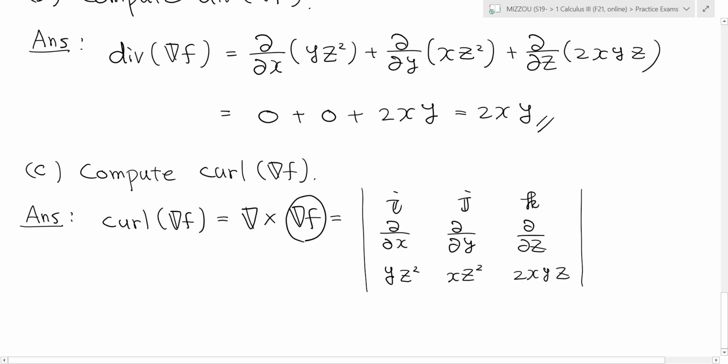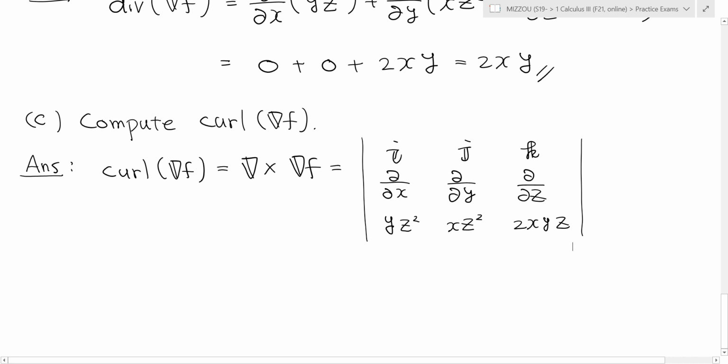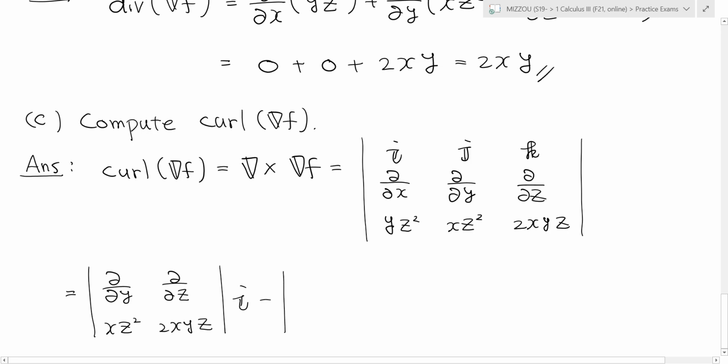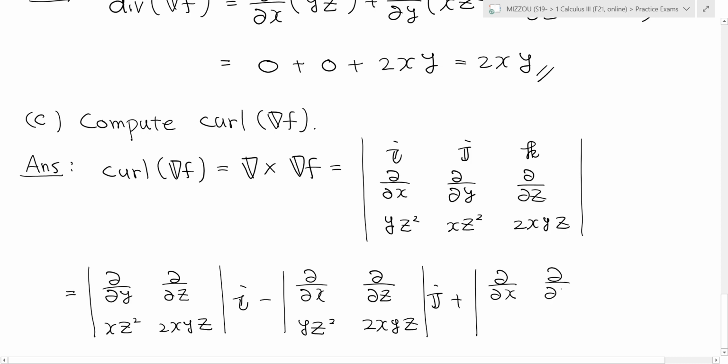And I take the cross product, take the determinant of this, and so that is equal to the first component, partial y, partial z, of xz squared, 2xyz, i, minus partial x, partial z, of yz squared, 2xyz, j, plus partial x, partial y, of yz squared, xz squared, k.